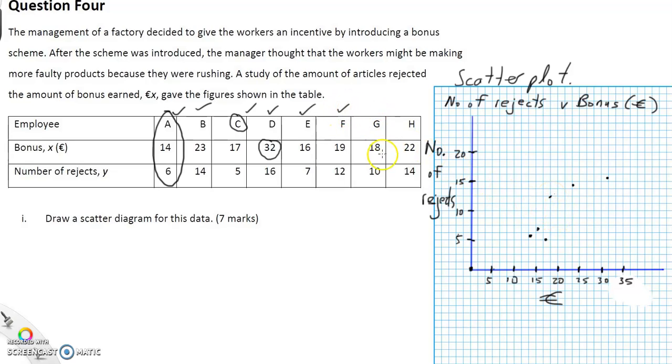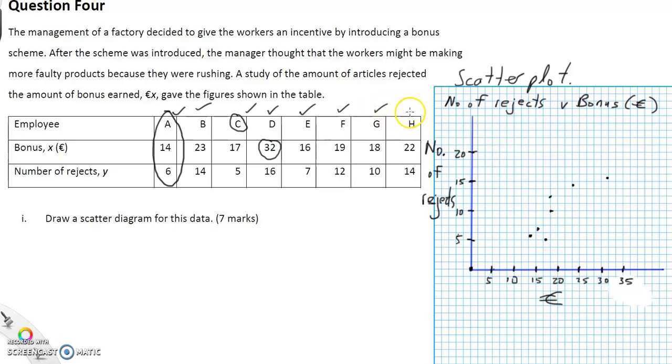That's F done. G, 18. It's closer to 20 than 15, and it's 10 for the number of rejects, so it's along that horizontal line out from 10, I dare say.